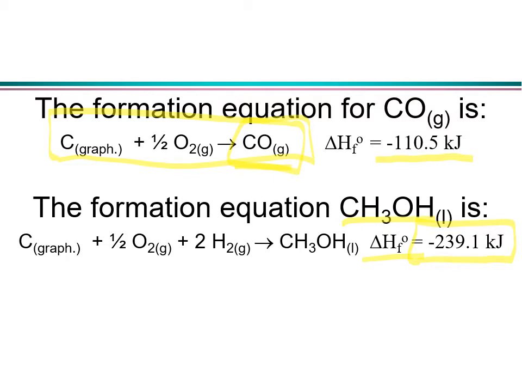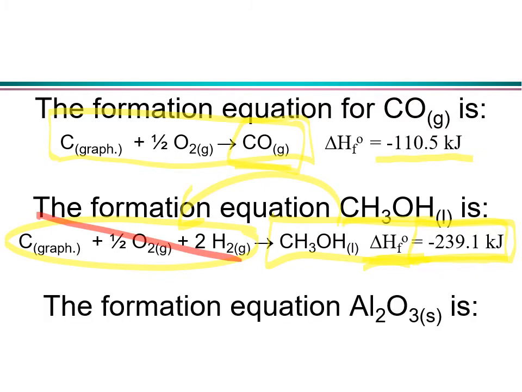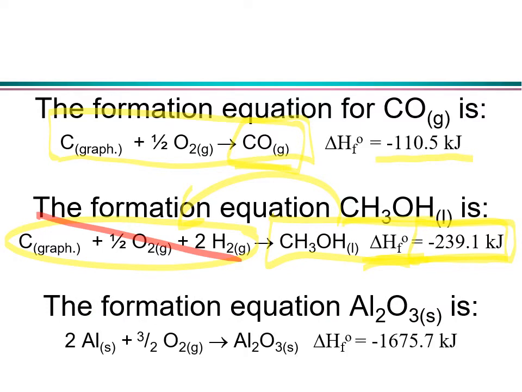And again, the table won't write the reactants, it'll just say methanol's heat of formation is negative 239, because since this is a standard enthalpy of formation, you know the reactant side of it, so you can just ignore that and get on with figuring out what the heat of formation is. If you looked up aluminum oxide, it should give you negative 1675.7 kilojoules to make 1 mole of aluminum oxide from its elements in their standard states.